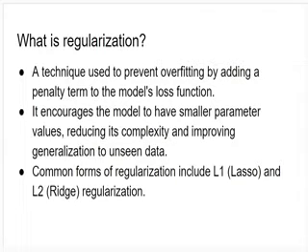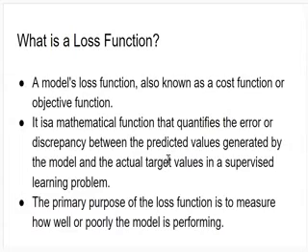A model loss function is a mathematical function that tells us, in a certain quantity, the error or discrepancy between the predicted values generated by the model and the actual targeted values in a supervised learning problem. So you have an actual targeted value and the values predicted.